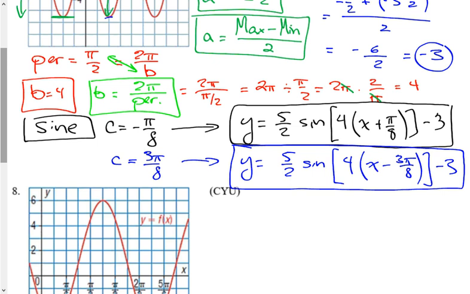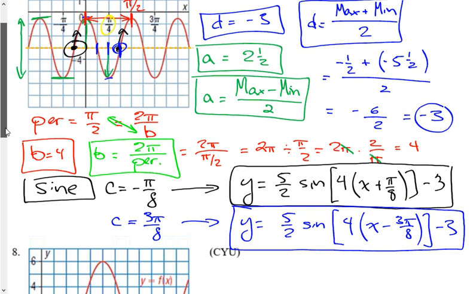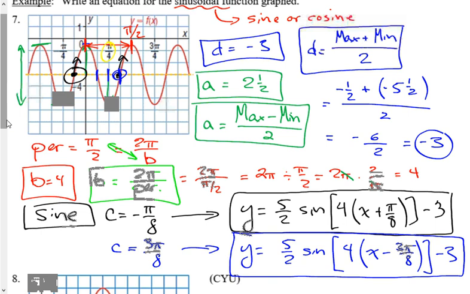Yes. Is there a blue one at the bottom? No, because I'm starting on the center line and then I'm curving up as I go to the right. So it's still a sine function.